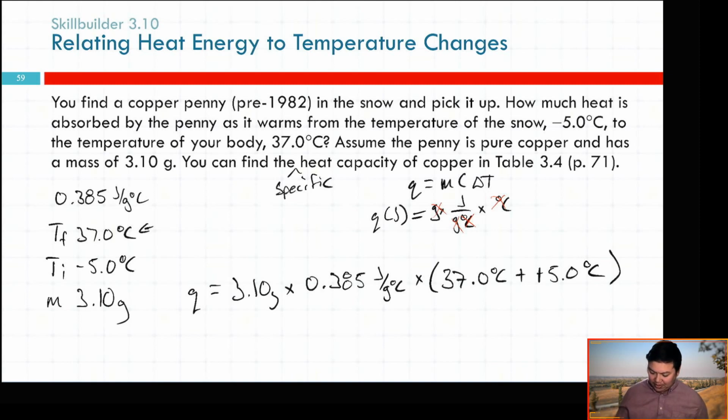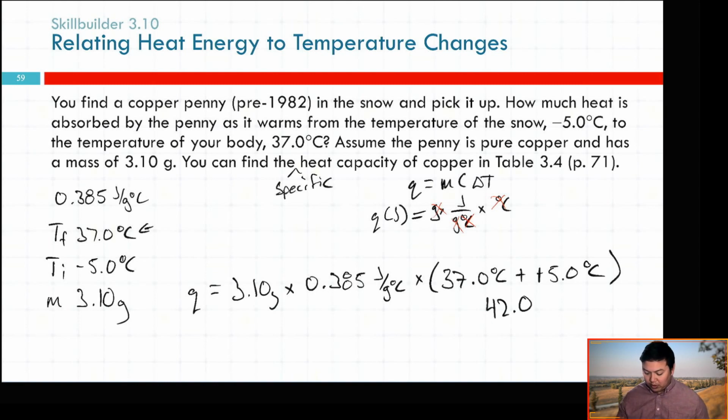Now, again, pay attention to significant figures. Since this is an addition, which rule are we going to use? We're going to use the fewest number of decimal places. So since we only have one decimal place, we're going to keep the significant figures of our answer, which is going to be 42.0, right?